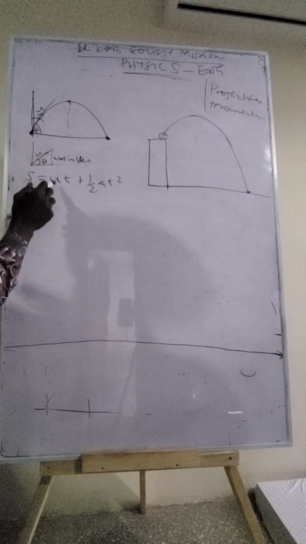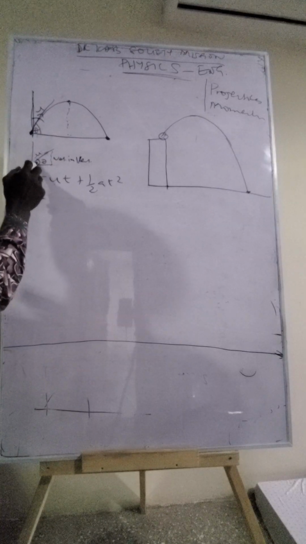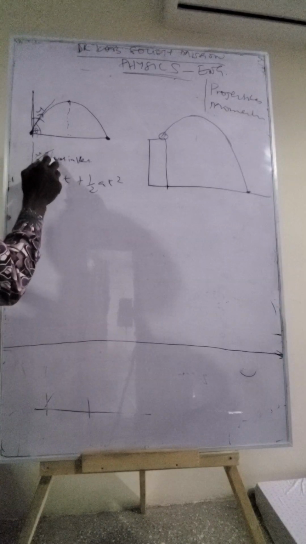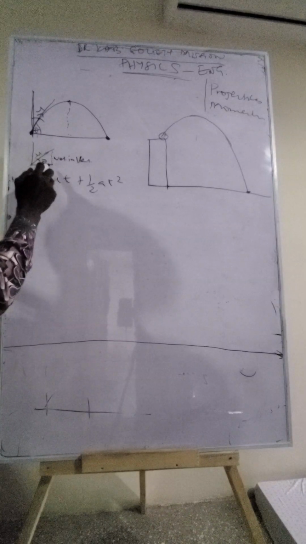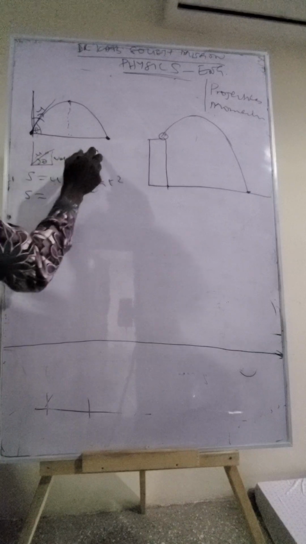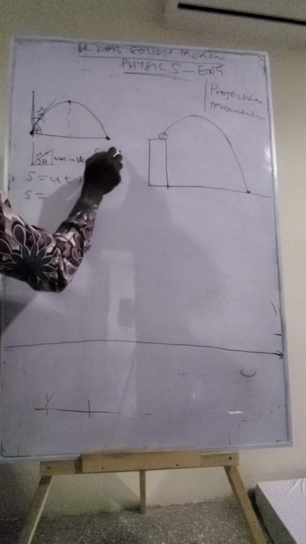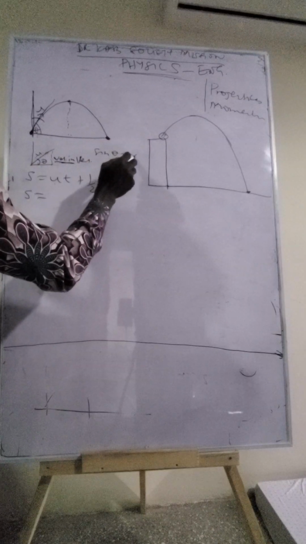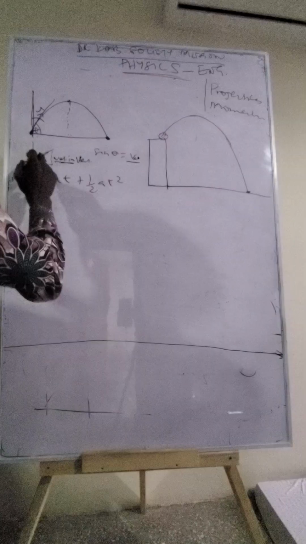S will be equal to u. Our u becomes what? The component here, theta and vertical, so theta and opposite. So we are going to use sine. Sine theta is equal to the vertical over hypotenuse, which is u.